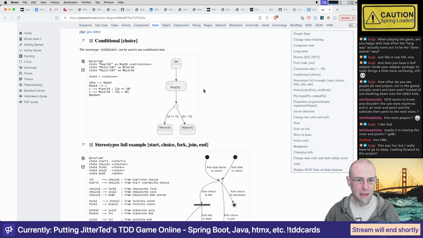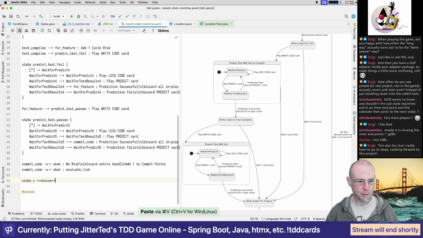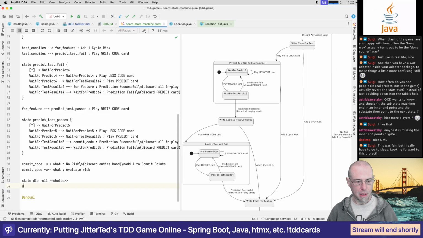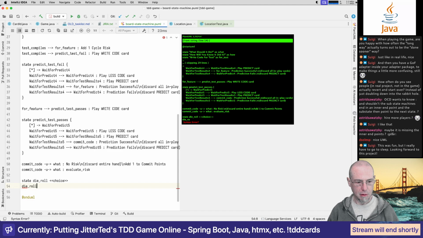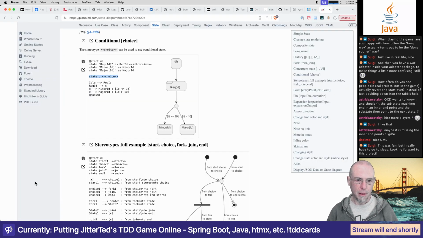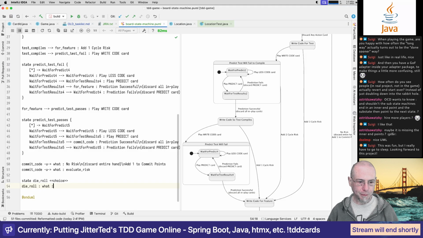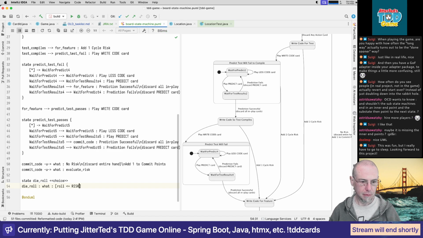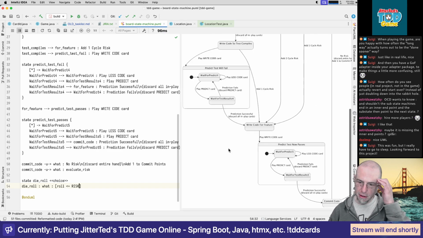So let's make our choice. And then we say die roll goes to what? Rolls less than or equal to risk.